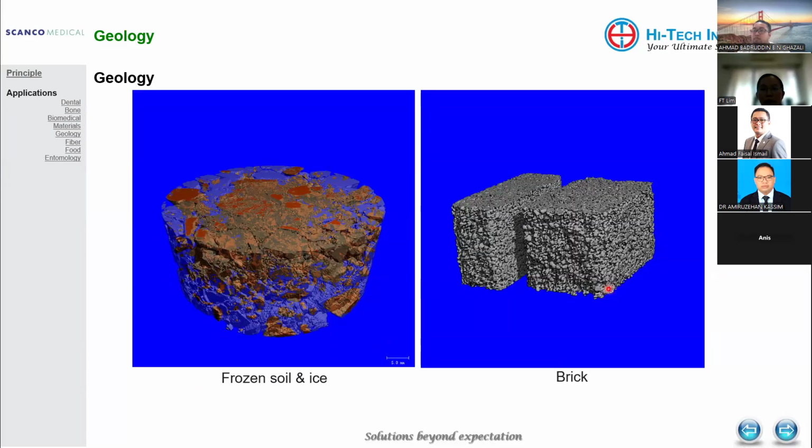This is a brick. So earlier I had a student that I assisted, because he's from construction, from a cost of doing utilizing different materials, different combinations, and he would like to check on the density and also how compact it is.